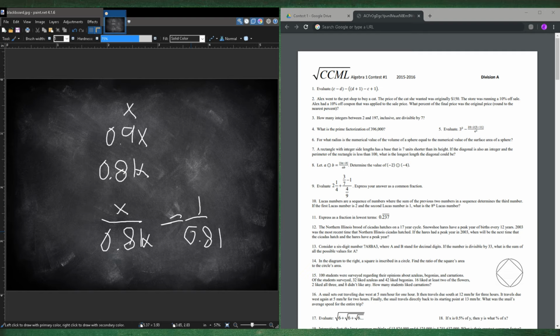Use your calculator. 1 divided by 0.81 is about 1.23. Well, it has to be a percentage, so you multiply that number by 100, and you get 123% as your answer, which is the answer to question 2.